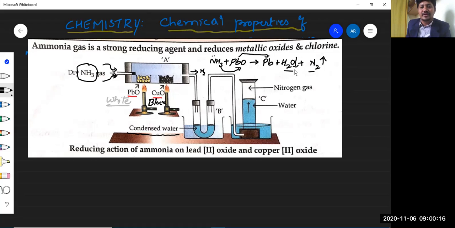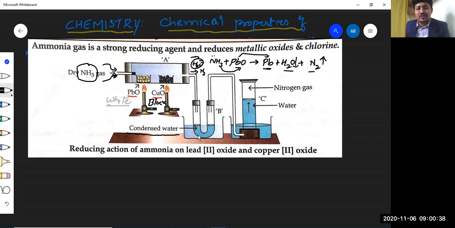And we'll get two different products. That lead metal remains in the China dish, and water vapor and nitrogen gas, being both gaseous in state, come out from the fusion tube.